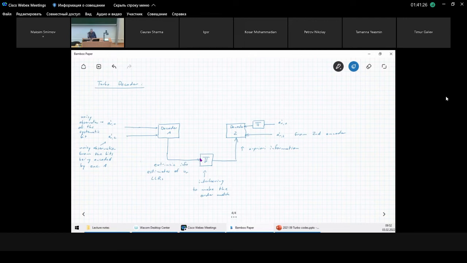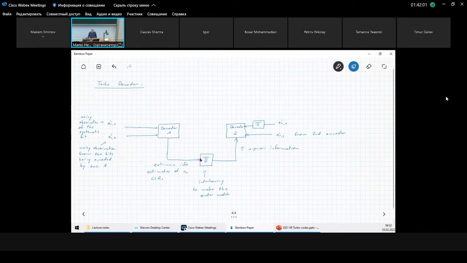Just to give you a rough example of how this could work. Decoder 1 starts, looking at our noisy observation and processing the trellis diagram from encoder 1, and it comes up with an estimate. For example, bit u_k is a 1 with 60% probability. This information is fed forward to decoder 2. Decoder 2 now has more information.